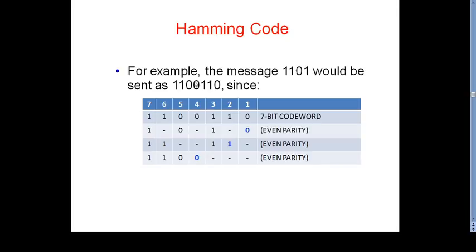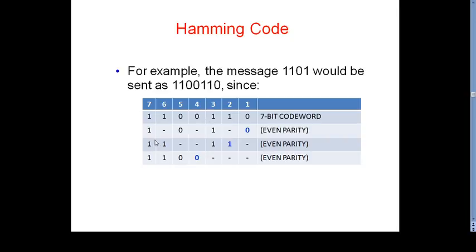For example, the message 101 would be sent as 1100101. Here the first bit is a parity bit, the second bit is also a parity bit, the third bit is a message bit, and the fourth bit is a parity bit.